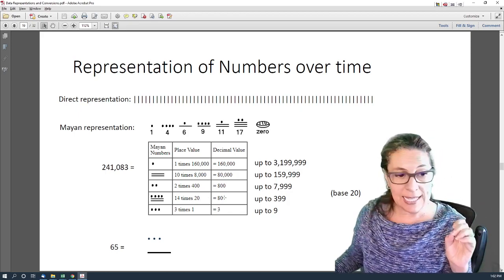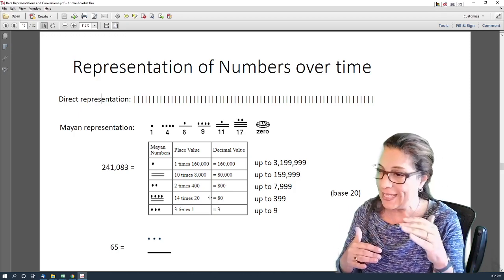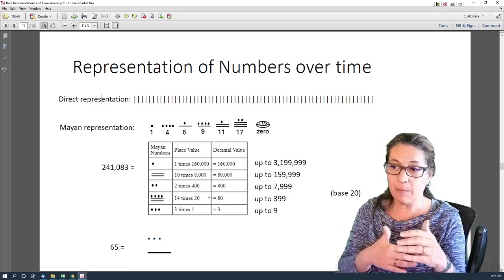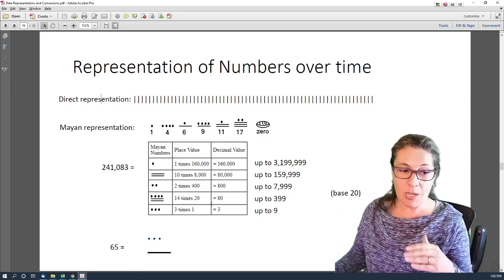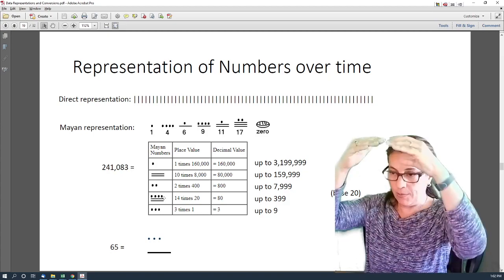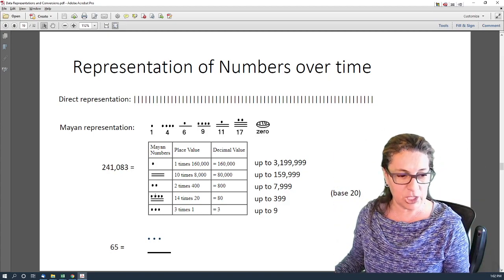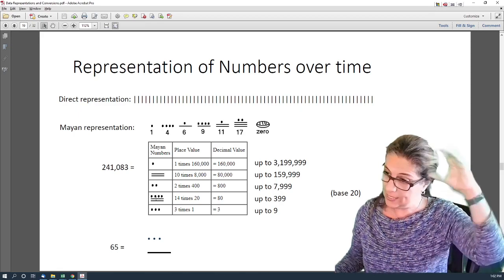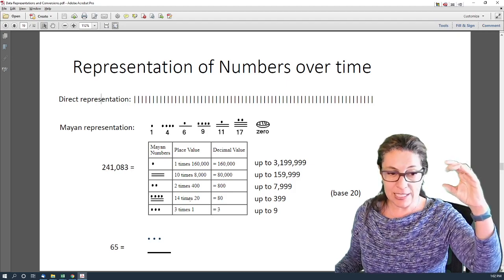What this means is that their base was 20. So they had symbols all the way from 0 to 19, and once they reached 20, they had another row on top, right? So this means 14, and because it's the row on top, it means that it's times 20.